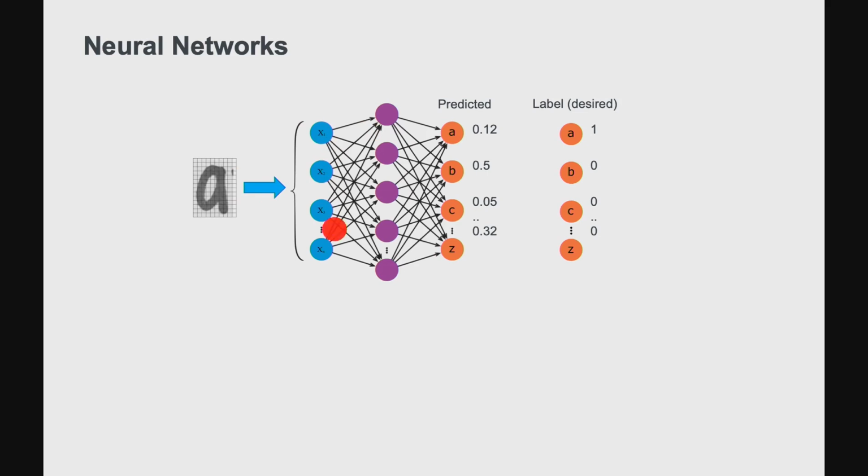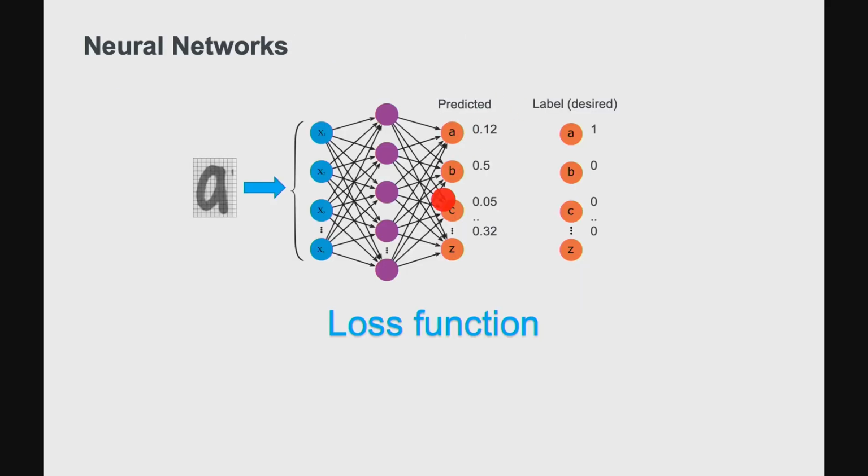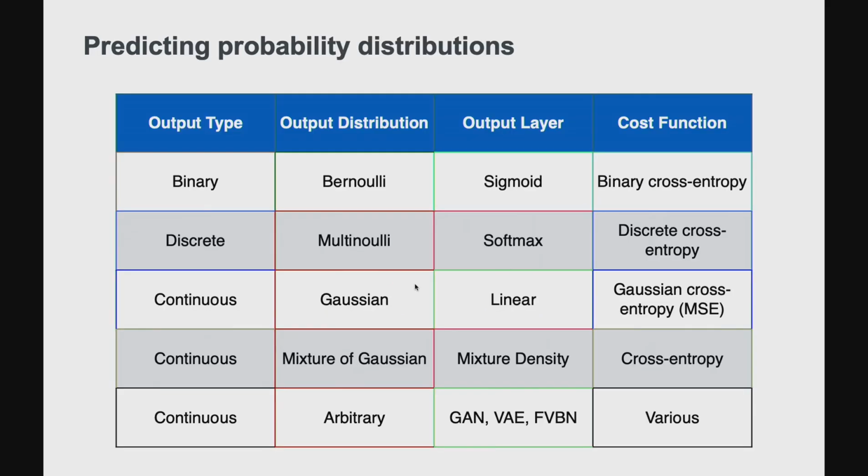Then we just provide this as input and predict values and then derive the label, because this, for example, is the highest prediction value from the softmax. And then what we have to do is define a loss function and apply our gradient descent.